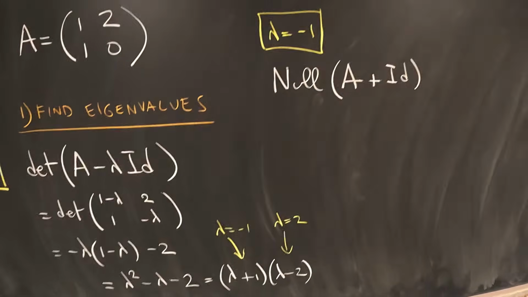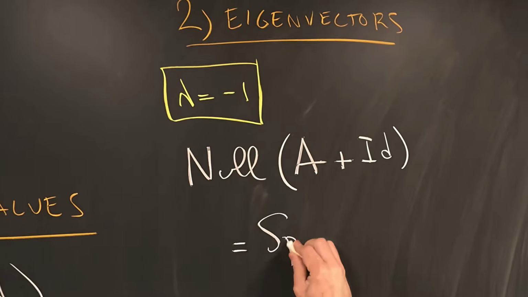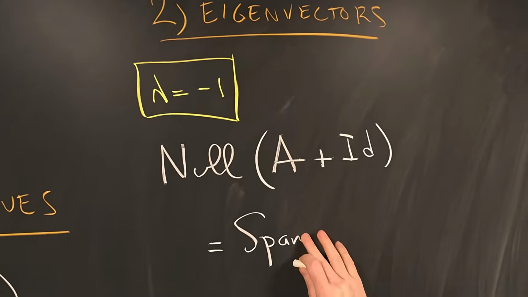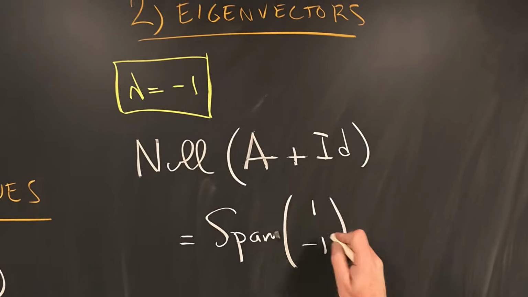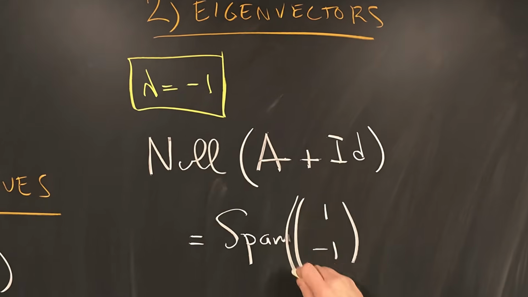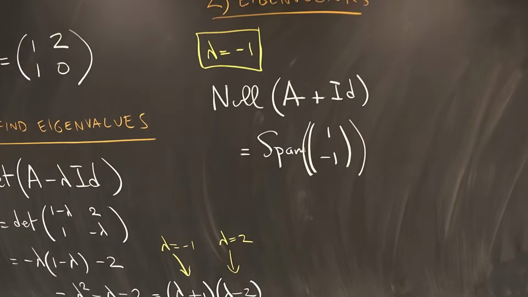I did that in some other video, as I said, and it turns out this is the span of the vector 1, minus 1. So it's a one-dimensional space generated by 1, minus 1.